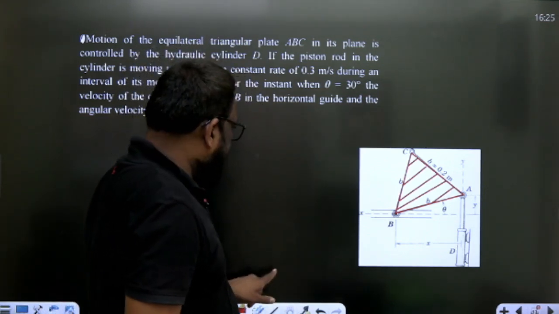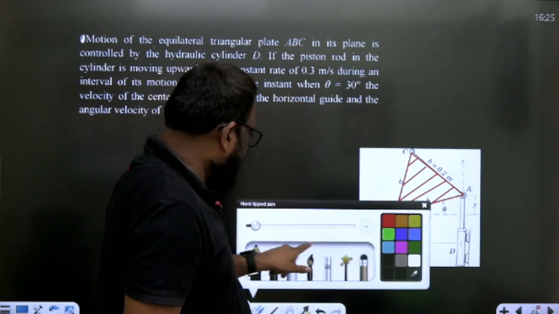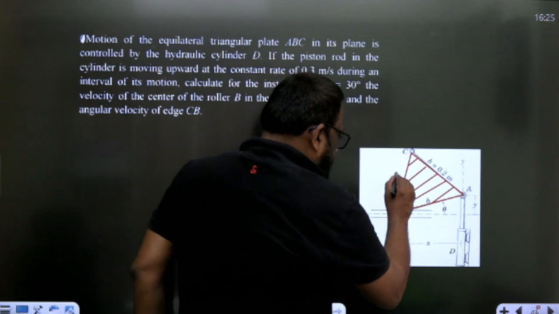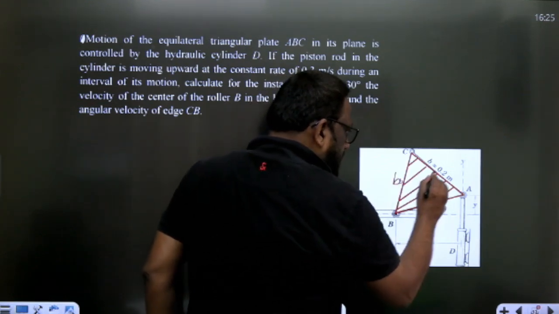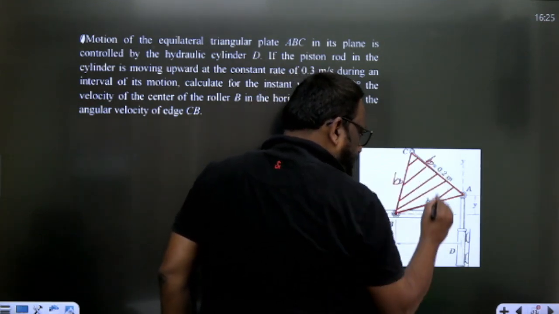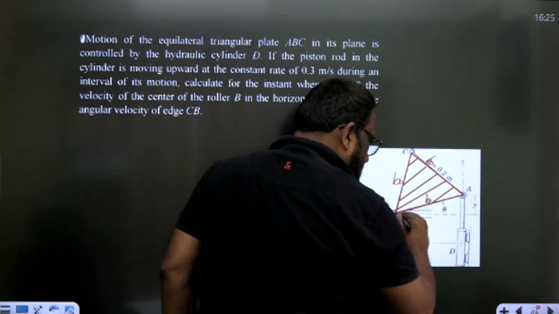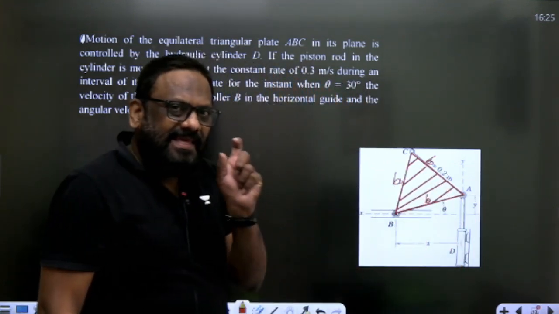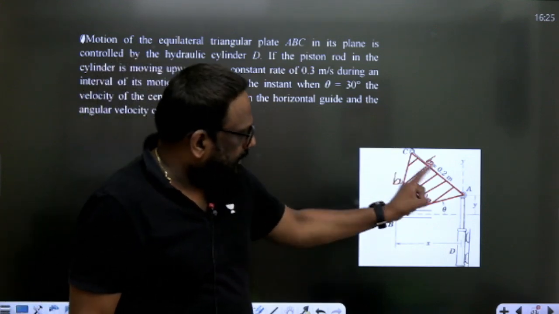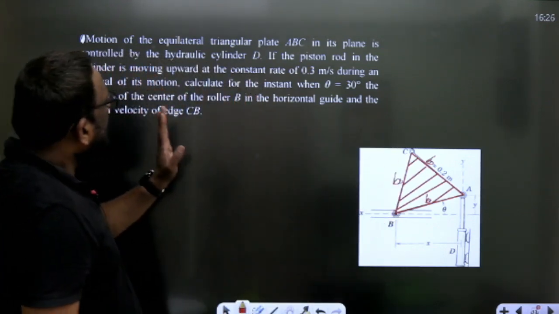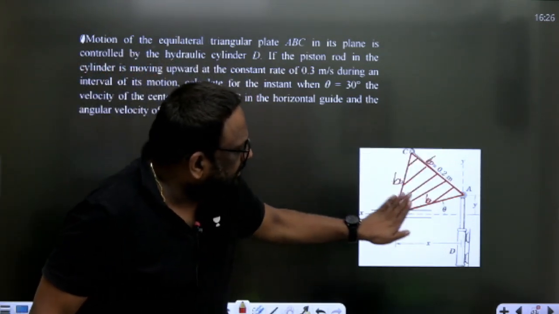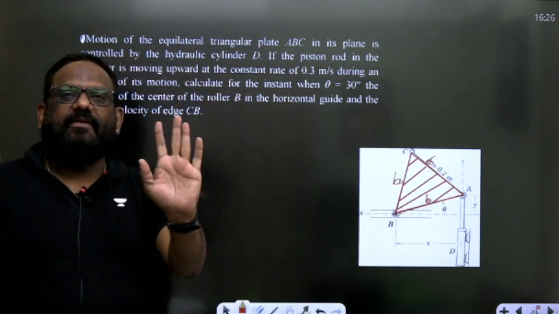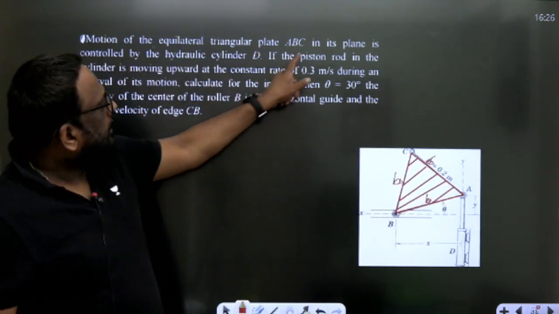So each side is given as B. This is B, this is B, this is also B. This length is B, and that is given as 0.2 meter. Each side is 0.2 meter. So this is a single plate, meaning the complete thing is one link. This is a single link of equilateral triangle shape.